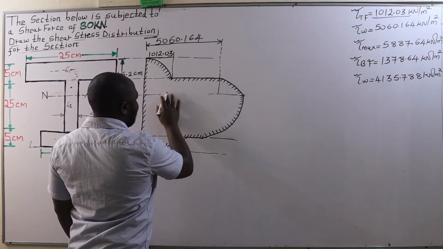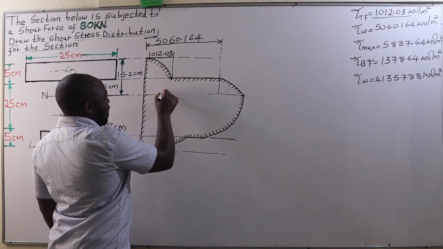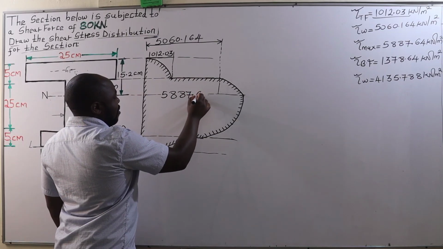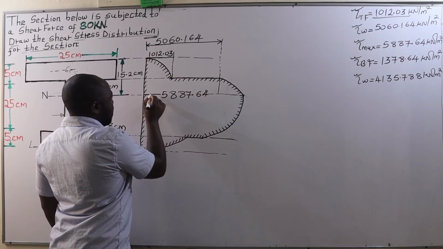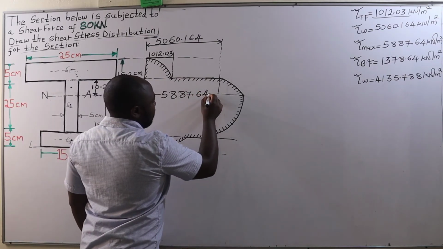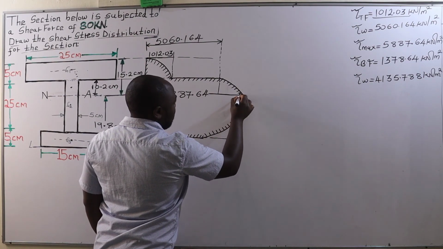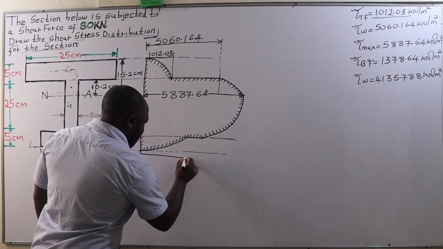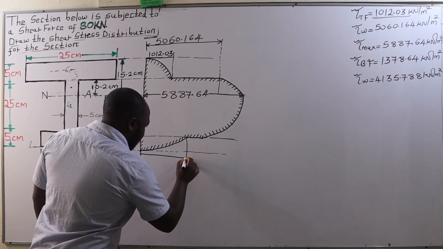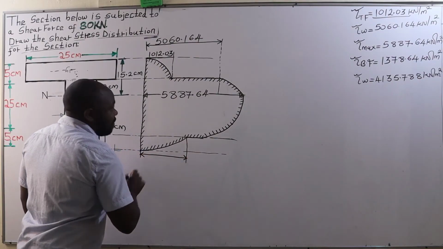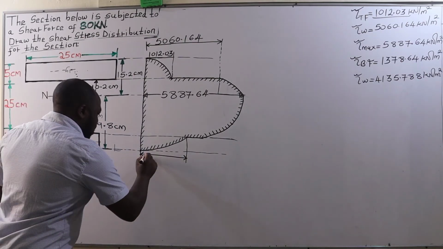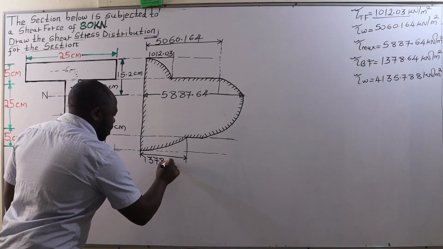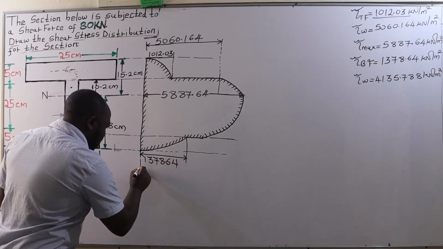Then the maximum shearing stress is 5887.64 units. And then here we have 1378.64 units.